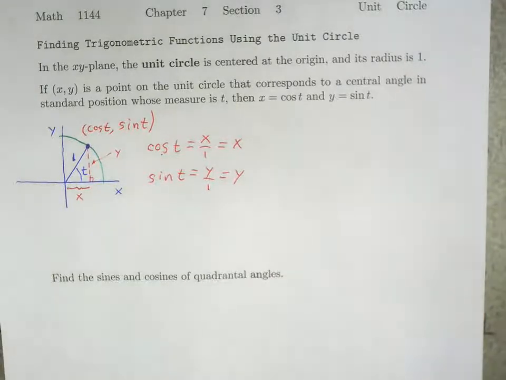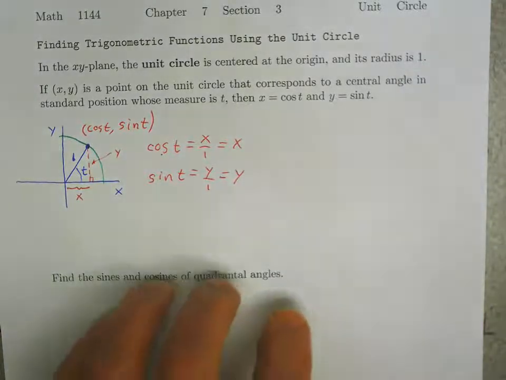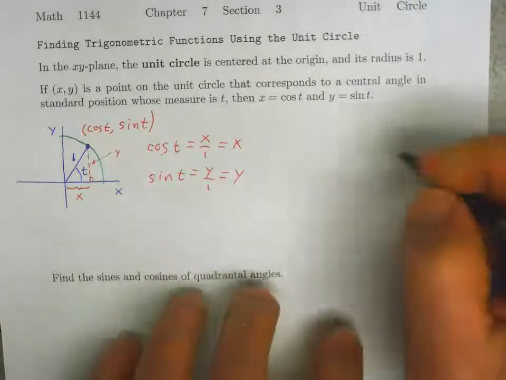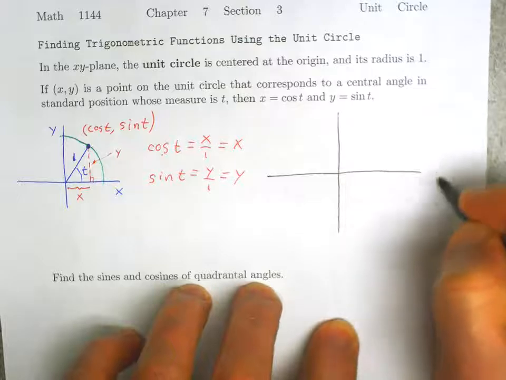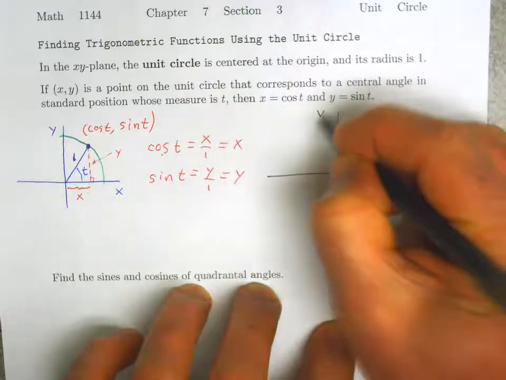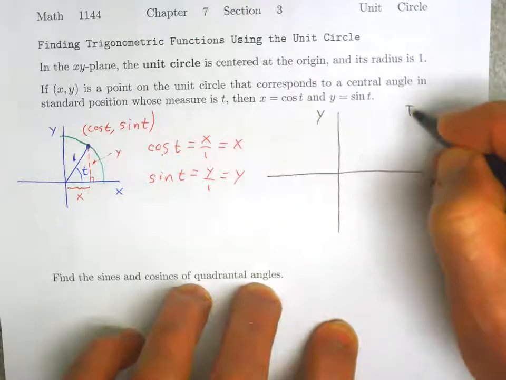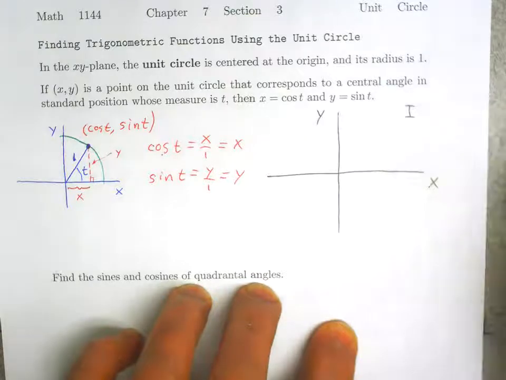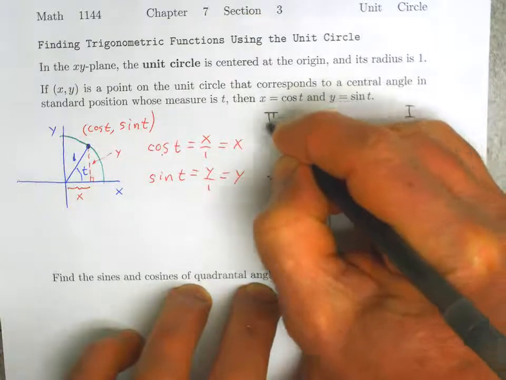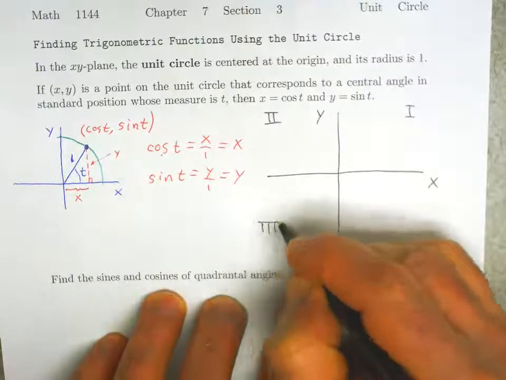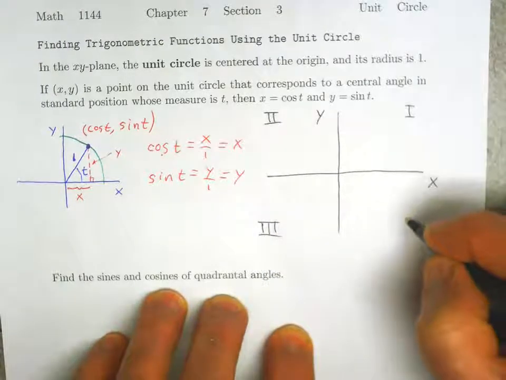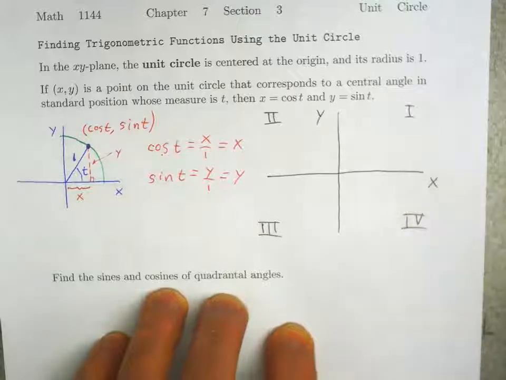As a reminder, in the xy plane, just in general, we have the first quadrant on the upper right, and then counterclockwise the second quadrant, and then the third quadrant on the lower left, and the fourth quadrant on the lower right.